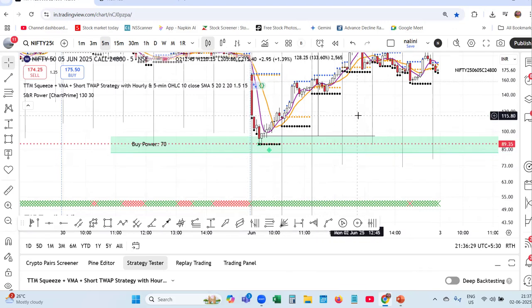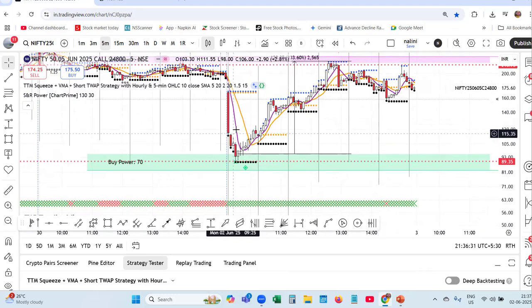Later, you can see in the next hour what has happened over here. With the hourly separator, you are seeing the low is forming a higher low. And the beauty is the open is near the low. Open is not far away from the low. That is very, very interesting.